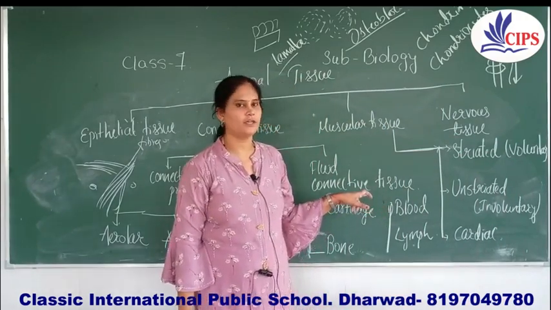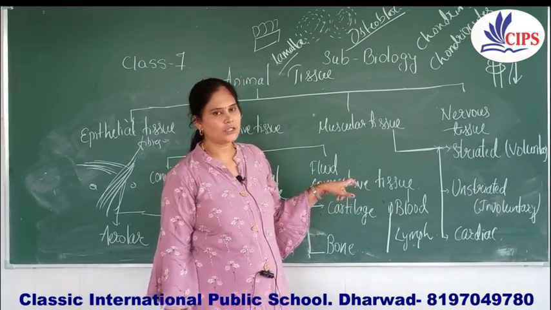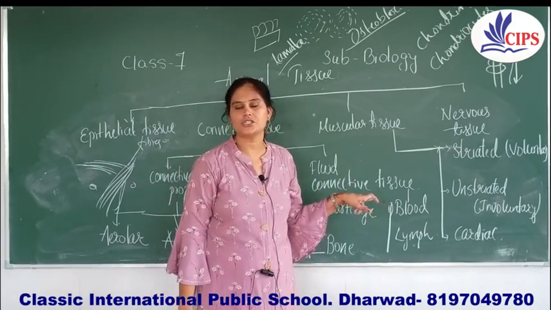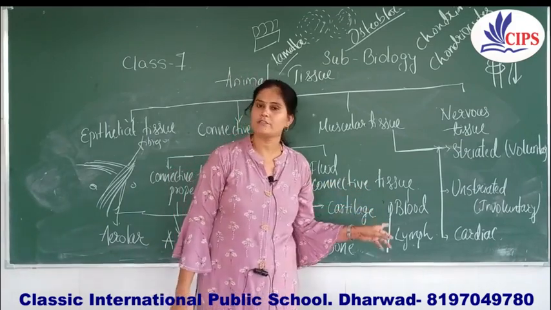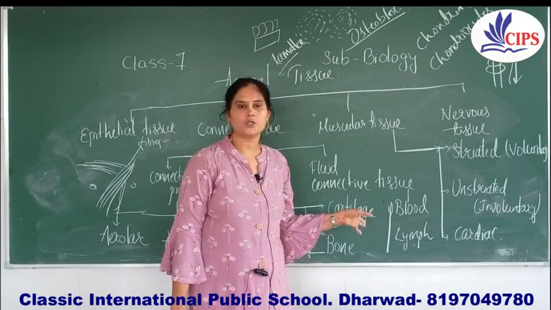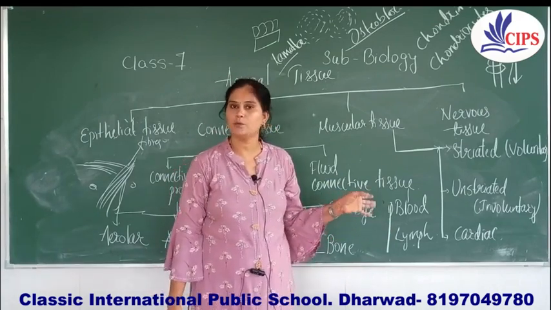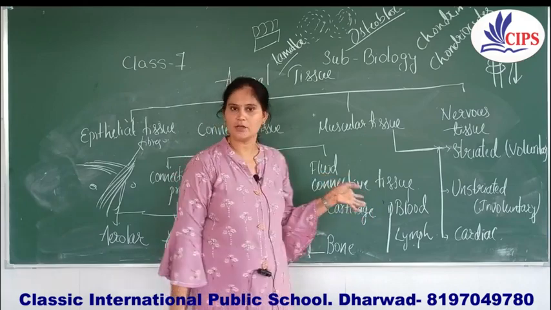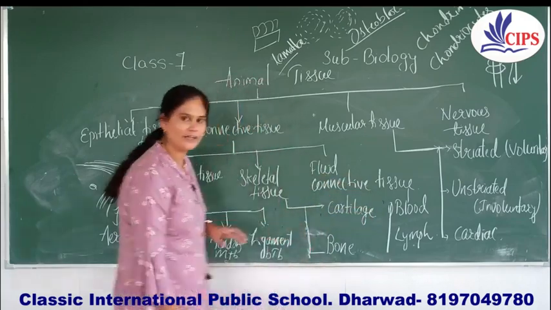What is the function of the red blood cells? Yes, they transport oxygen, or they supply oxygen to each and every cell of the body. What is the function of the WBC? WBCs, or white blood cells, give immunity. Nowadays, I think all of you are aware of immunity due to the coronavirus, right?